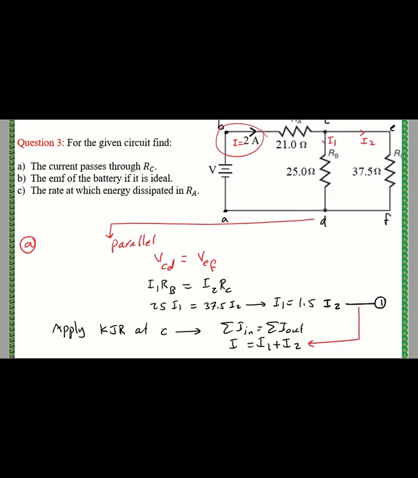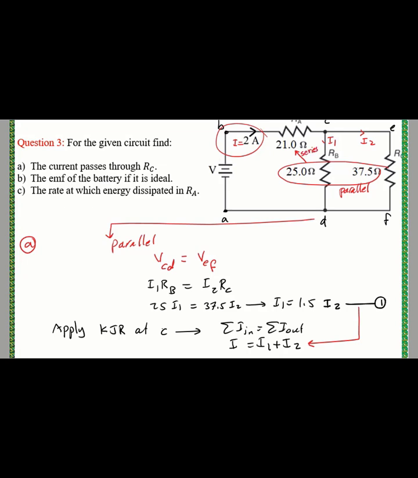R equivalent, you find that 37.5 and 25 are in parallel with 21 in series. So these two are parallel, with that one we have a series.